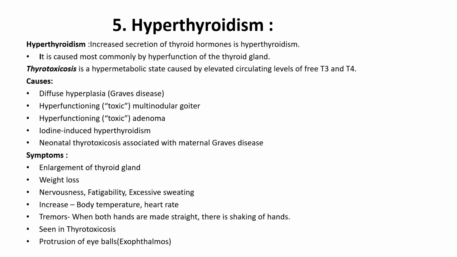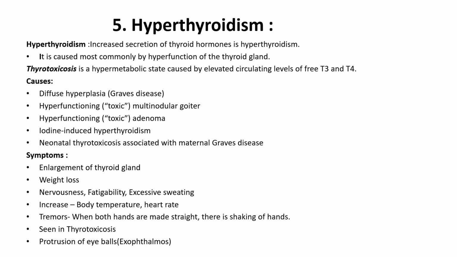The symptoms are enlargement of the thyroid gland, weight loss, nervousness, fatigability, excessive sweating, increased body temperature, increased heart rate, tremors, that is shaking of the hands, and protrusion of the eyeball, also called exophthalmos, because of which the eye stays open and sometimes may become dry.